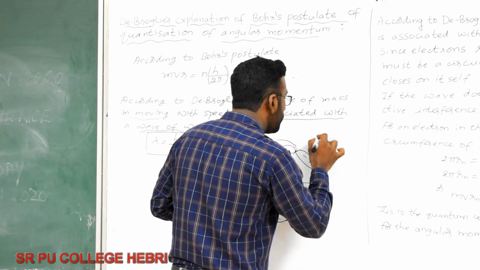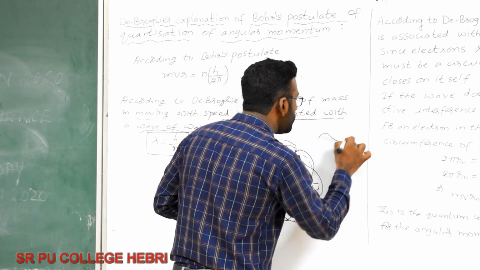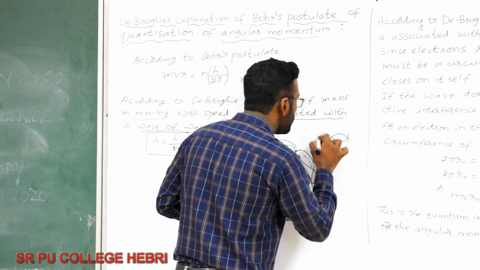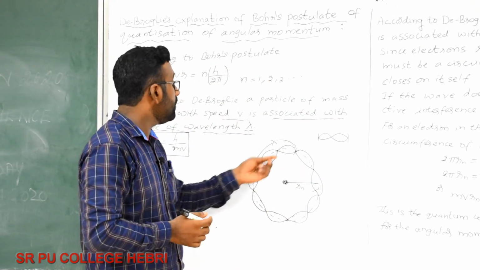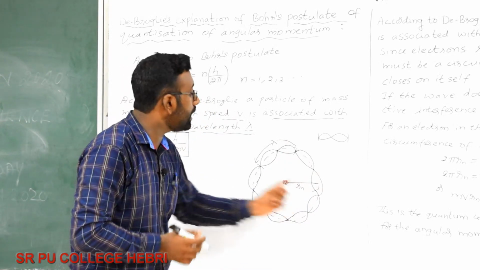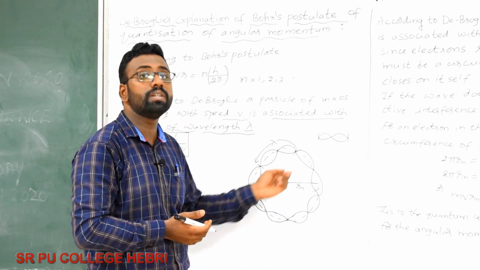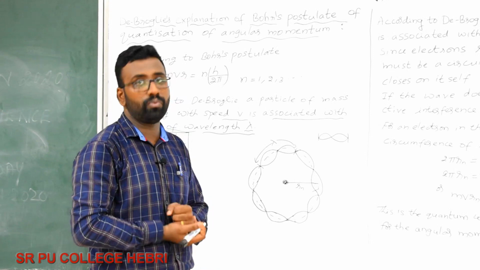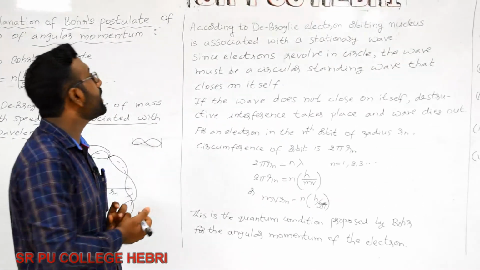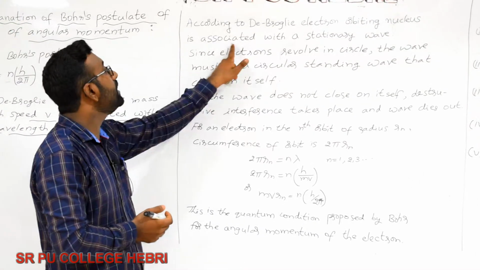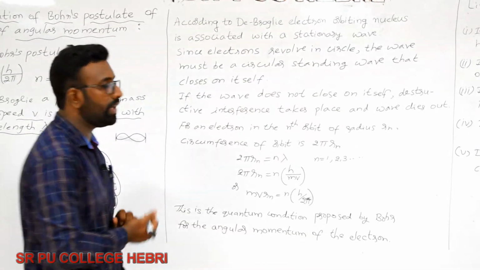That means a wave after reflection they meet with the same phase, okay. You will have something like this. Now you can see here, when electrons revolve around circular path, it behaves like a circular stationary wave, okay. So we will see here, according to de Broglie, electron orbiting nucleus is associated with a stationary wave, okay.